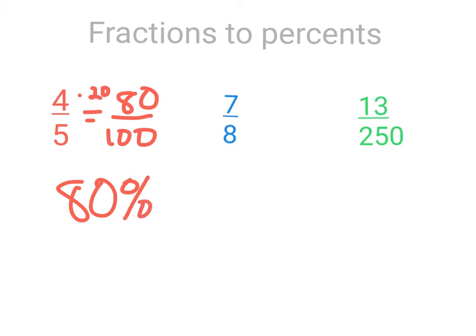Okay, now what about 7/8? For 7/8, we're actually going to have to use some decimals here. There are a couple different ways you can go about it, but I think the decimal way is the simplest. So how do you get from 8 to 100? Well, you multiply by 12.5. So you're going to do the same thing up here.